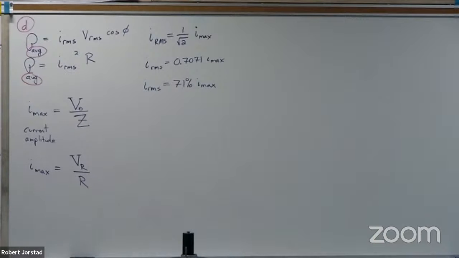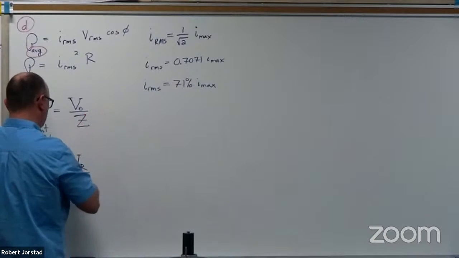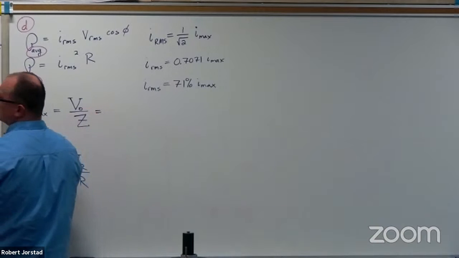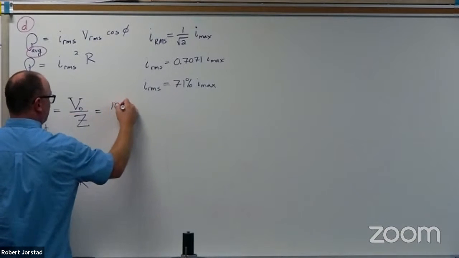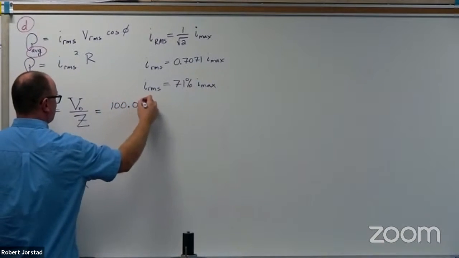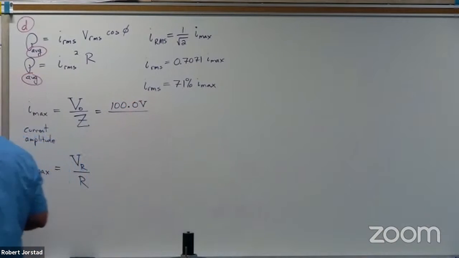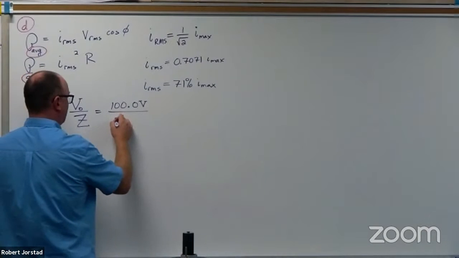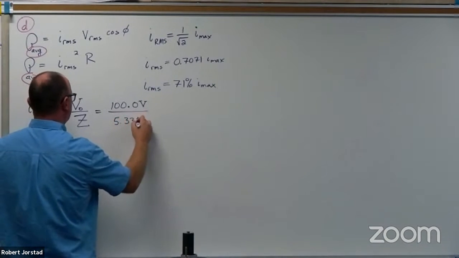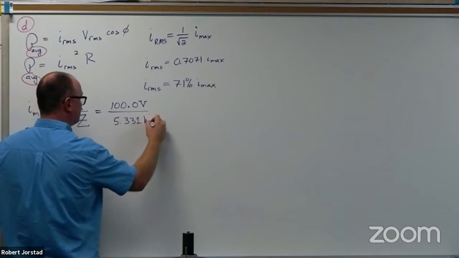Well, in this case, I think we know both of these. V naught was 100.0 volts, and divide that by Z, which was 5.331 kilo ohms.